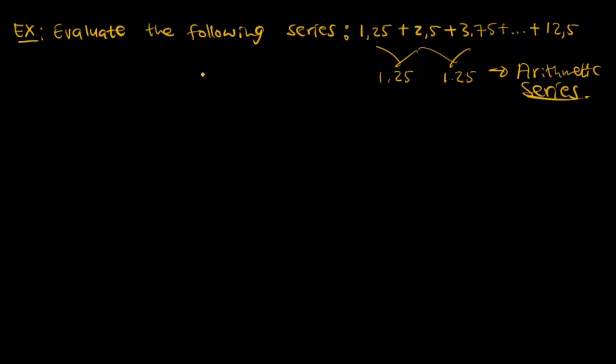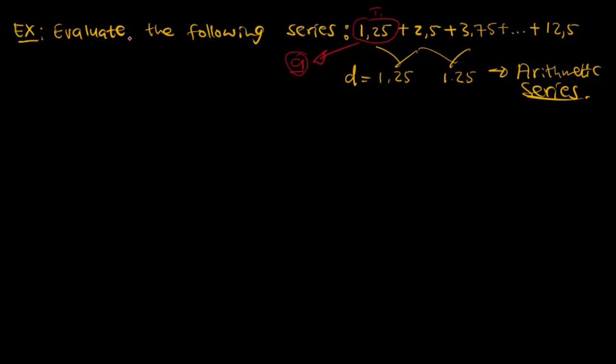All right. So the first part is done. Okay. If it's an arithmetic series, what else do we know? We know that the first term, T1, is equal to A, right?